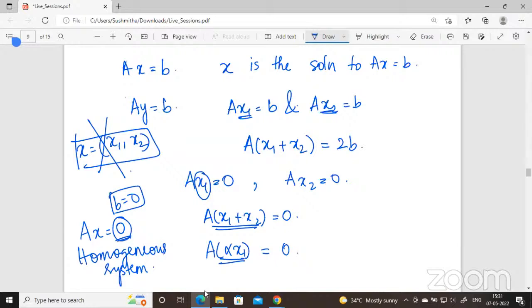But it does not say there are two different solutions, right? They may be the same solution. That's what I said. If they are the same solutions, that doesn't mean that there are two intersecting points or anything, right?